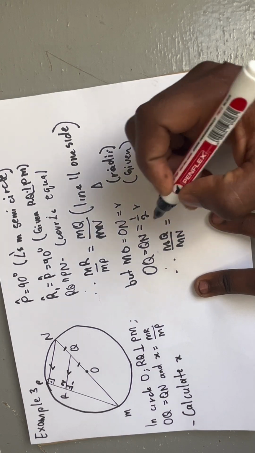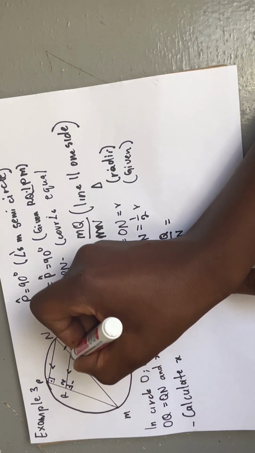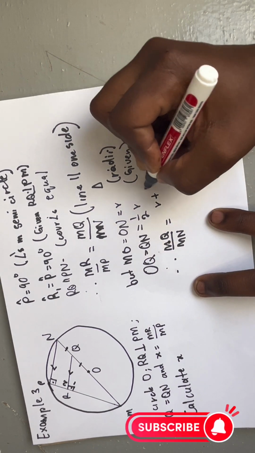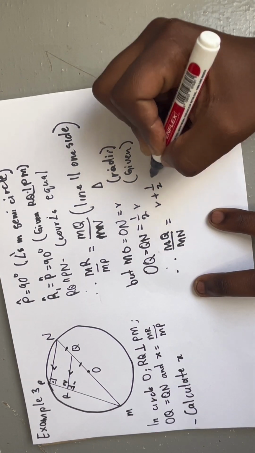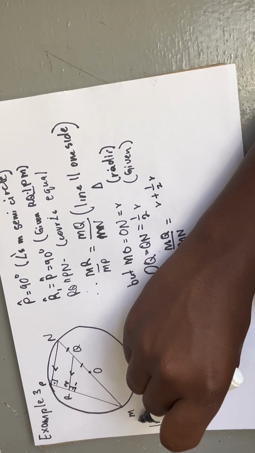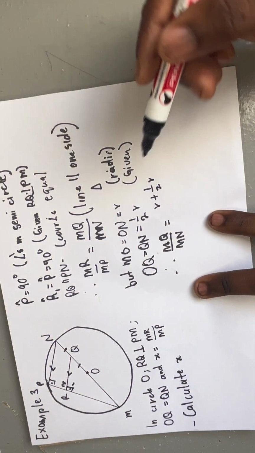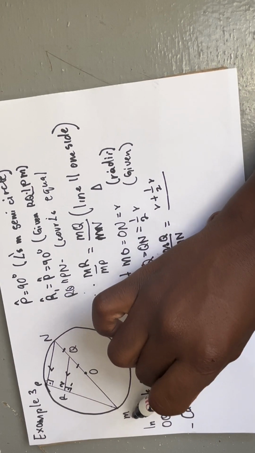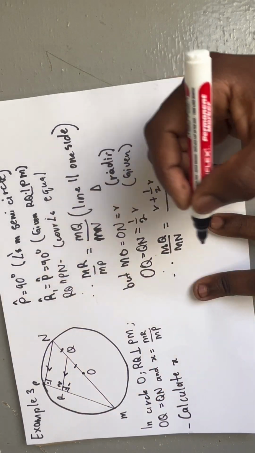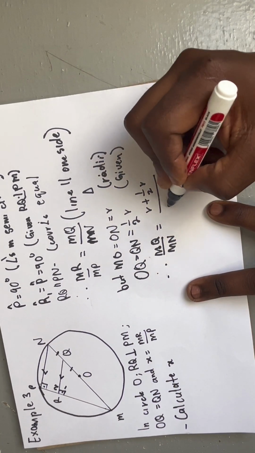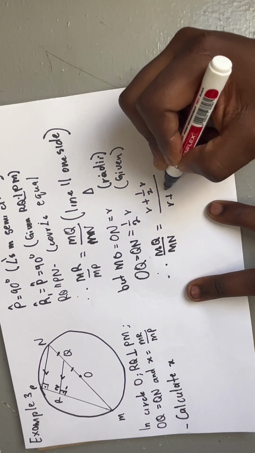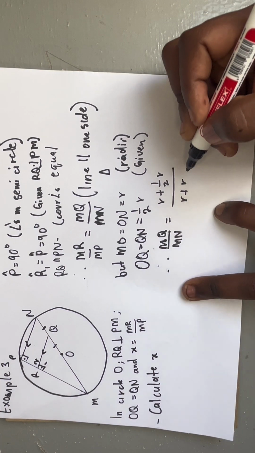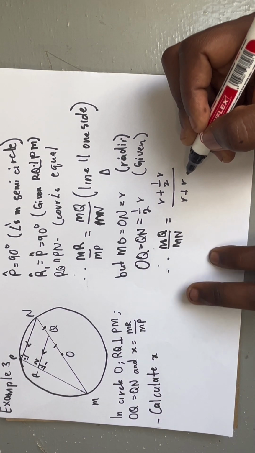Remember, your MQ is going to be your radius plus half a radius, because it is made of this plus this, over your MN. What is your MN? It's 2 radii, which means it's going to be R plus another R.